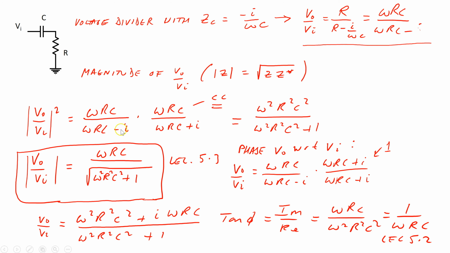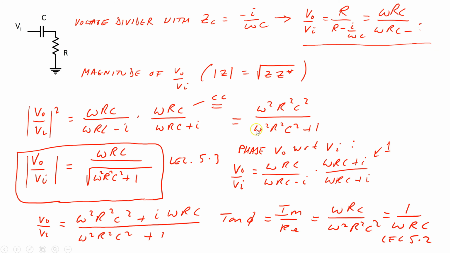We take this expression here, omega RC over omega RC minus i, and we multiply it by its complex conjugate, which is what? Just omega RC over omega RC plus i. So here's the complex conjugate. The top gives us omega squared R squared C squared.